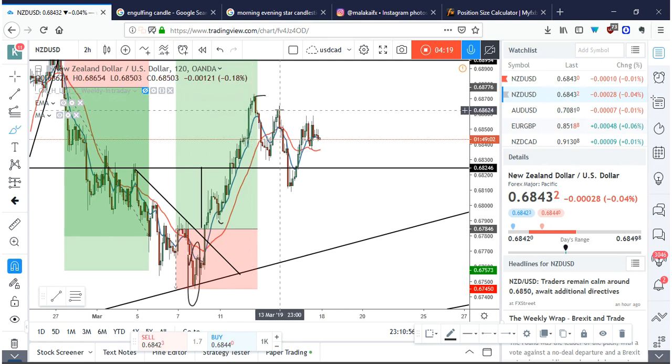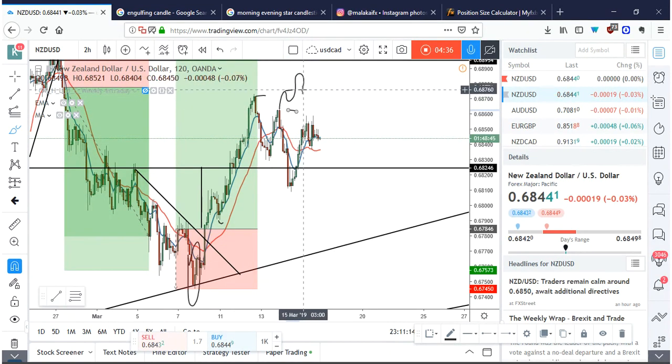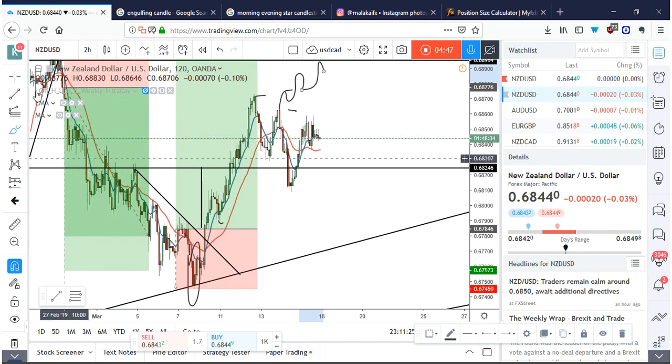If price had broken this level, this new higher high, and closed above here, I'd put my stop 5 pips below here, and then wait for price to hit my take profit, and then bang. If it stops me out, I'm still in profit, so it doesn't really matter. But you just want to be able to manage it, and it would be the same with this trade.